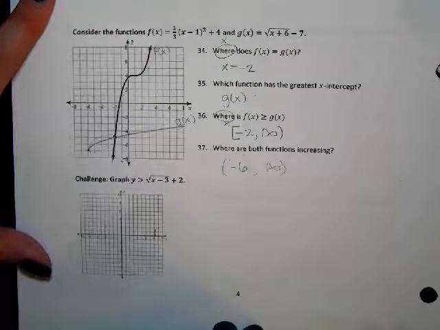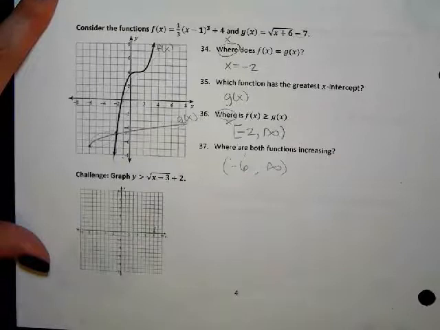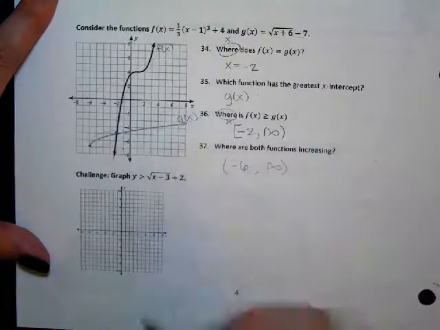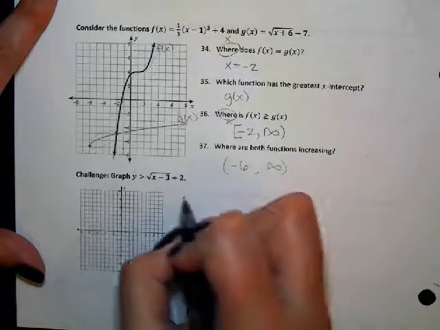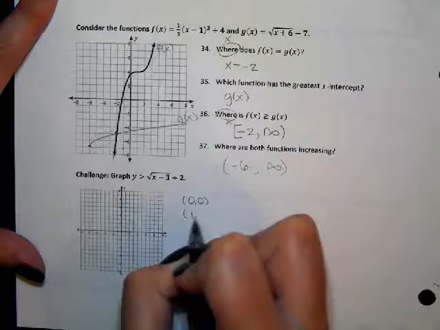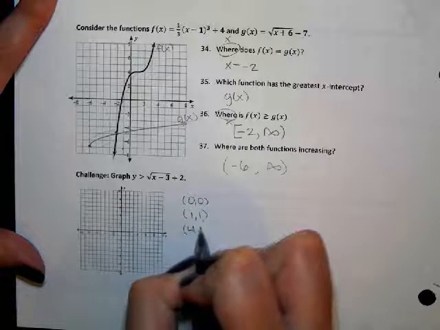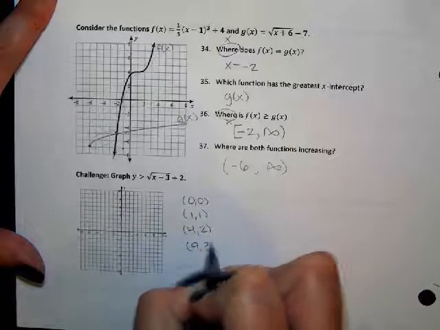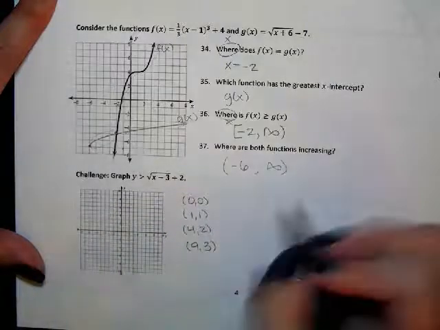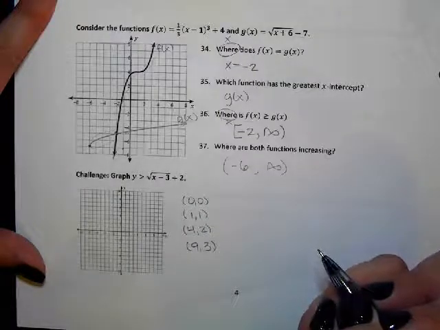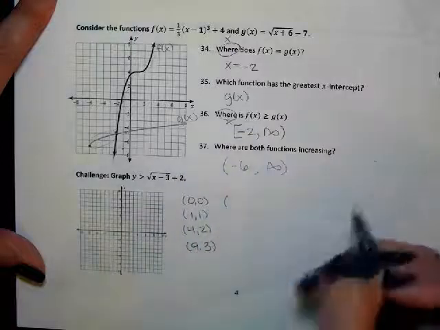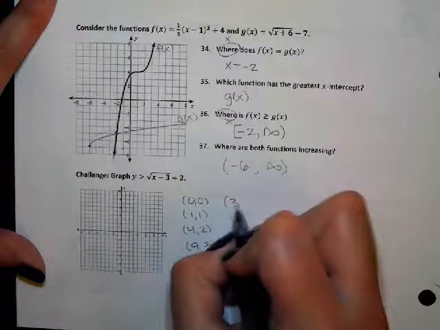Yeah, let's do the challenge. Okay. What points did you guys use for the transformations? Somebody used 9, 3. I like that. Okay. And then what transformations do we do? Not left 3, right 3. Perfect. 3, 4, 7, 12.